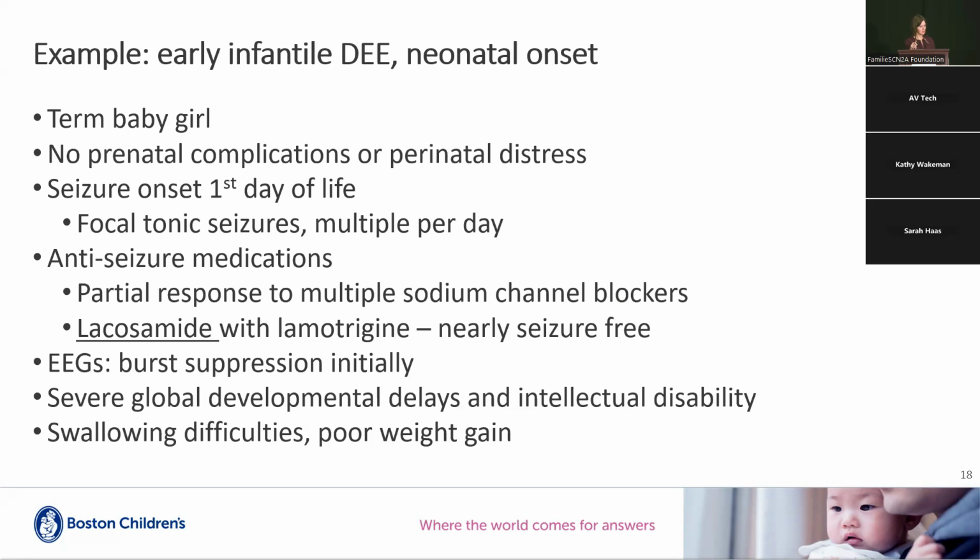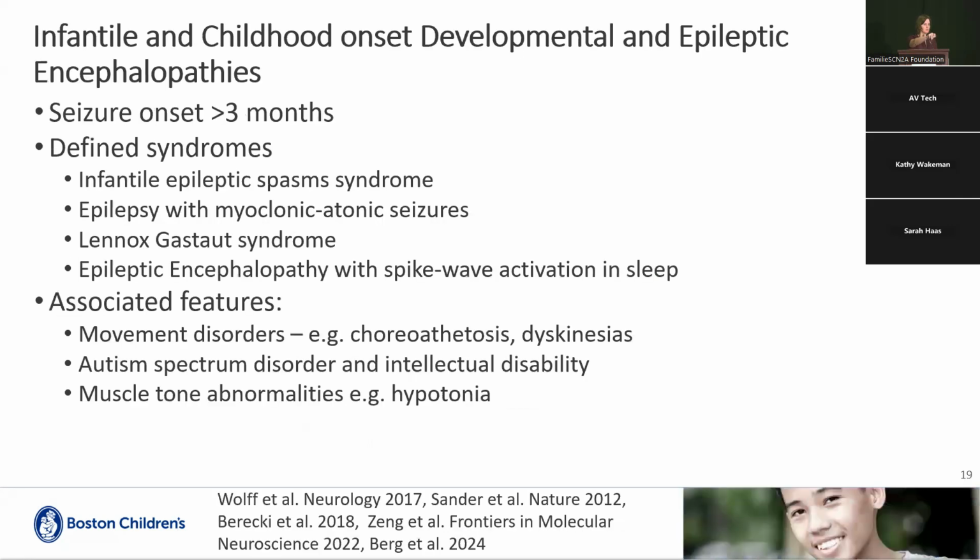But later, in mid-childhood now, she has fairly good control on a combination of lacosamide and lamotrigine. She started with a burst suppression pattern on the EEG that did evolve to other patterns over time. And she has very severe global developmental delays, intellectual disability, swallowing difficulties, poor weight gain, and actually some motor asymmetry that's not entirely explained.